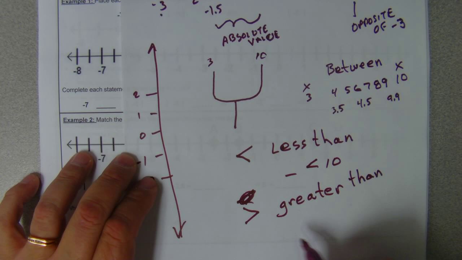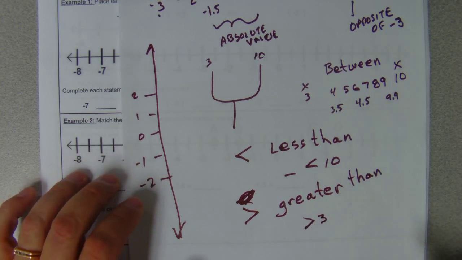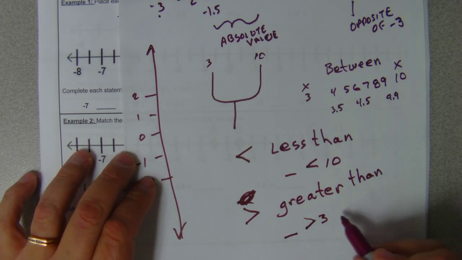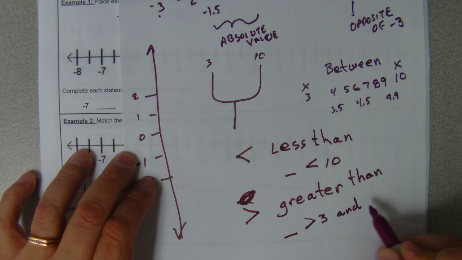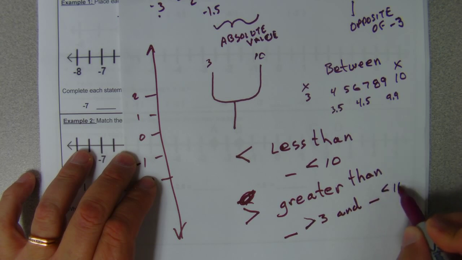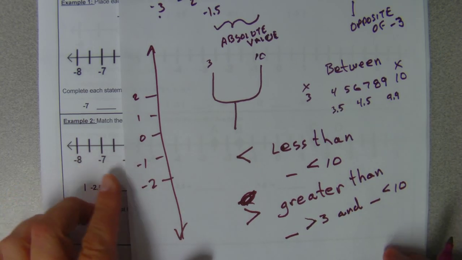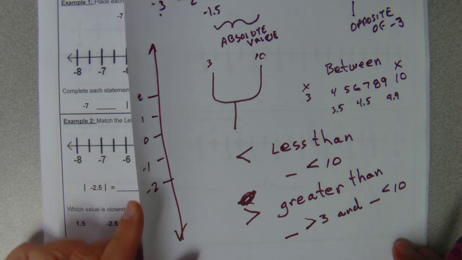And the value that we're looking at would be greater than 3. So the value would be greater than 3 and less than 10. Okay, this is very important stuff we need to keep in mind while we're doing today's class.